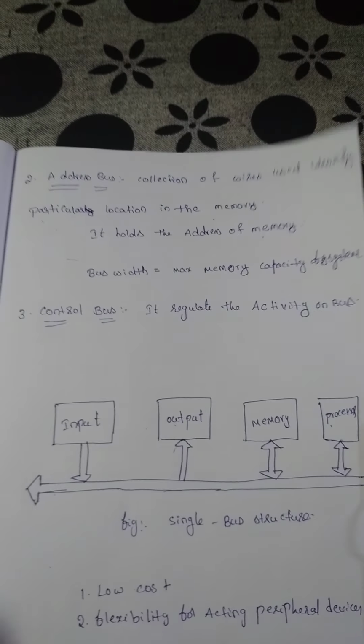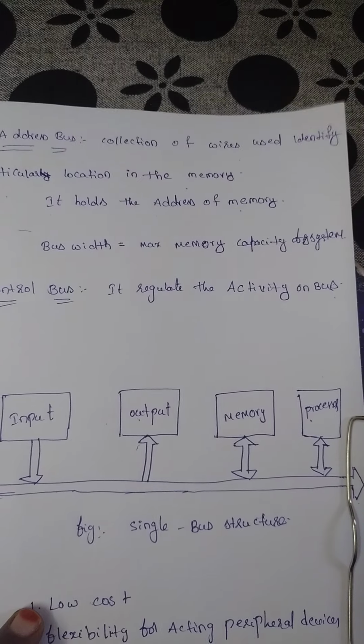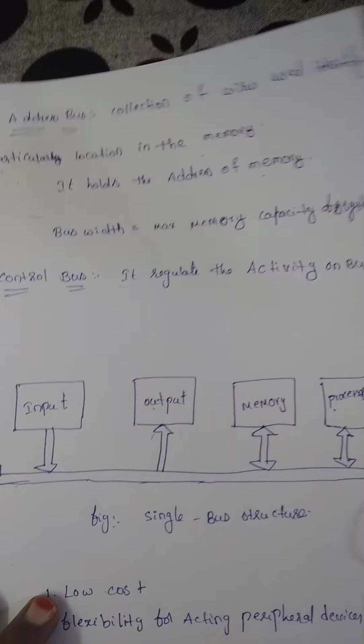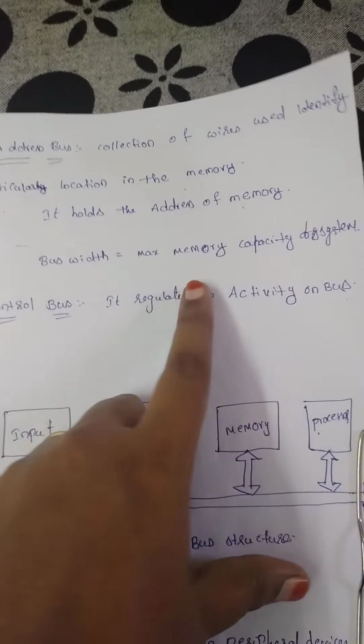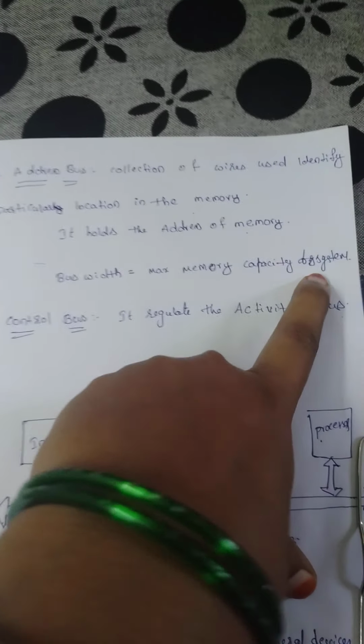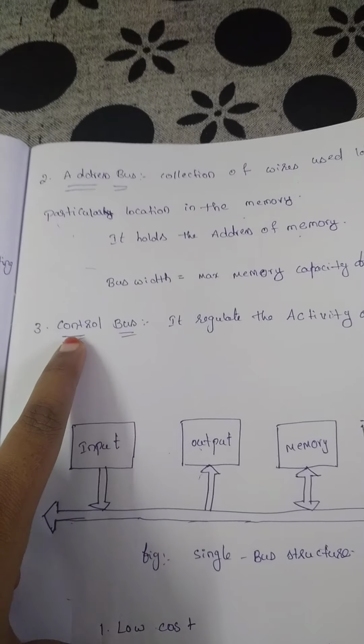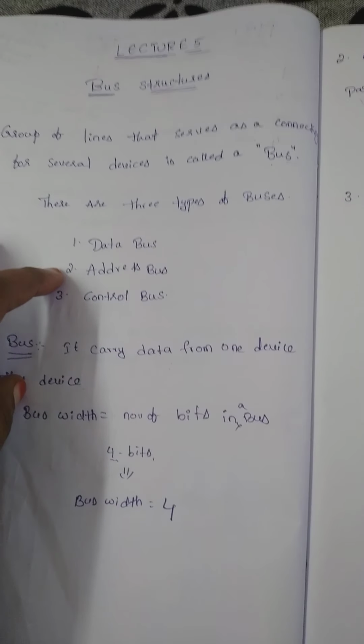Next is the address bus. It transfers the address of a memory location between two devices. Its width determines the maximum memory capacity of the system. Next, the control bus. By using the control bus we control the address bus and data bus.